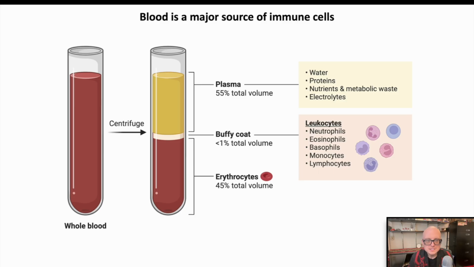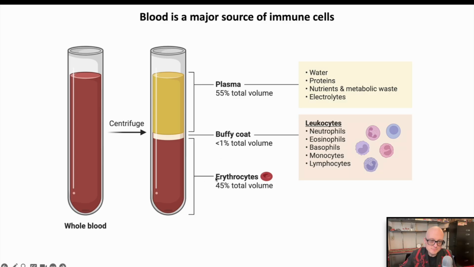You may have seen in other contexts that blood has several constituent parts. For example, if you centrifuge blood to isolate the cells in the blood away from the liquid portion, or the plasma, you might get something that looks like this, where about 55% of the total volume of a tube of whole blood is plasma, containing mostly water as well as small soluble molecules.